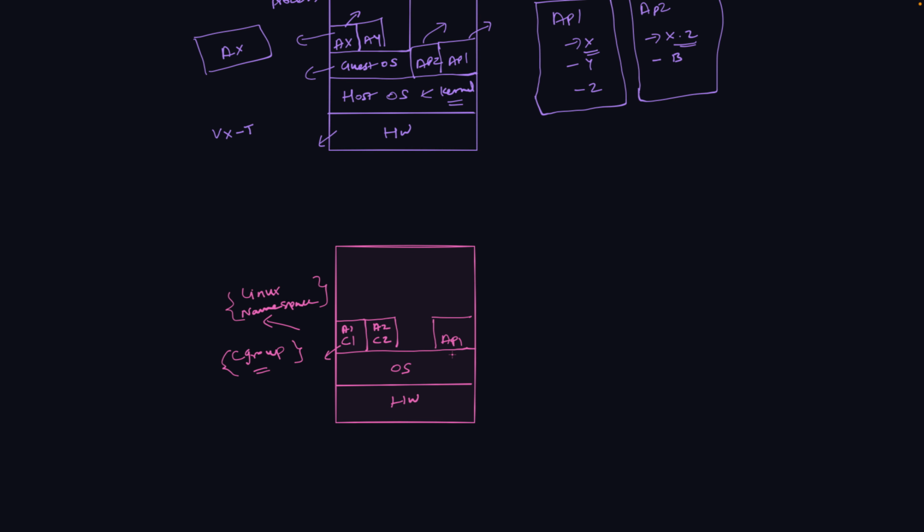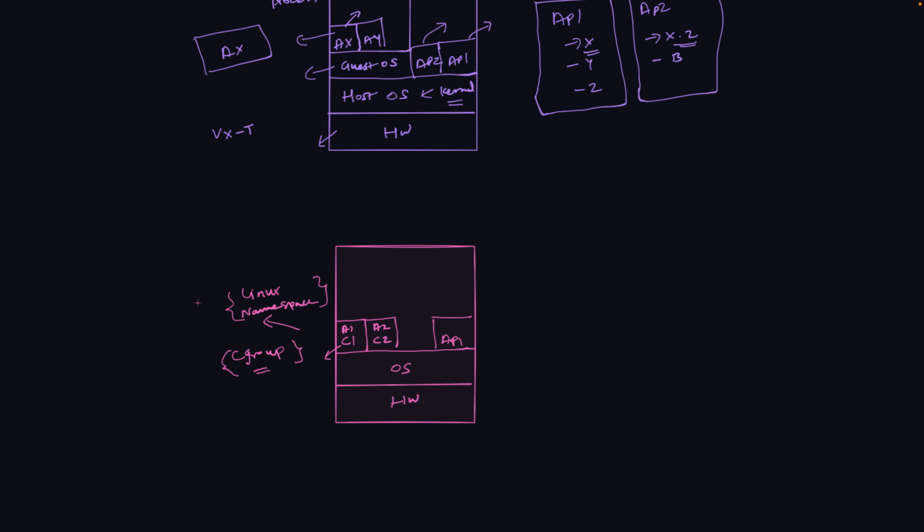Because your host operating system is running some applications also, so it needs some memory and other hardware to run. If this container takes everything, then it is going to create problems, right? So with the help of C group, we can limit how much hardware this particular container can use. So we can say this is the maximum memory you can use, this is the maximum CPU you can use, and that can be defined for each of these containers. So that is what the C group allows us to do.